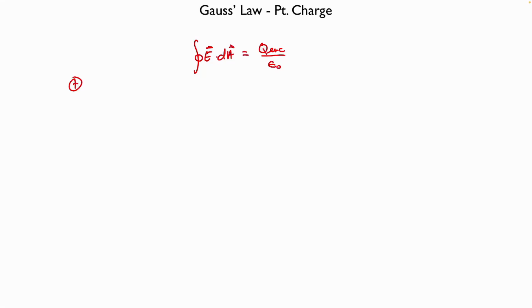Who's in charge of the Gaussian surface? The universe or you? Me. I'm in charge. This is my thing, right? It's an imaginary surface that I'm going to draw around this point charge. And what you want to do is take advantage of what you already know. What do we know about the electric field of a point charge?